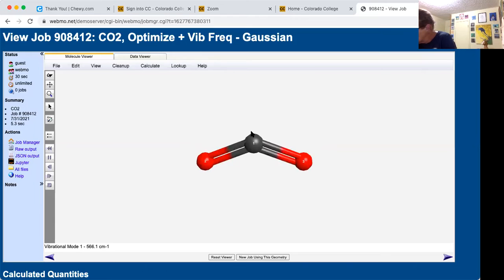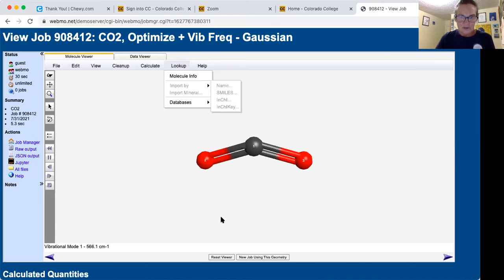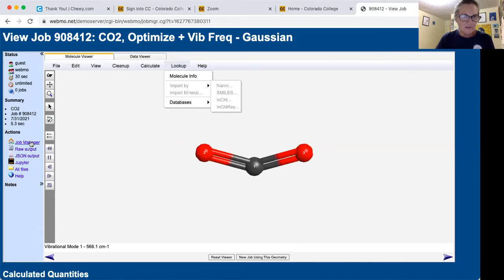So they want us to identify a normal mode in benzene that's not IR active. So let's see if we can do that quickly. So I'll go back and start a new job.